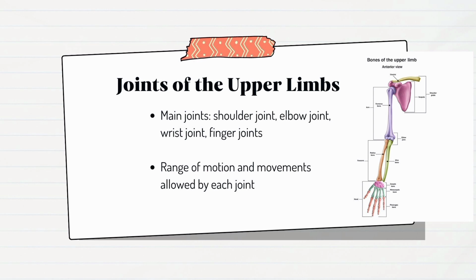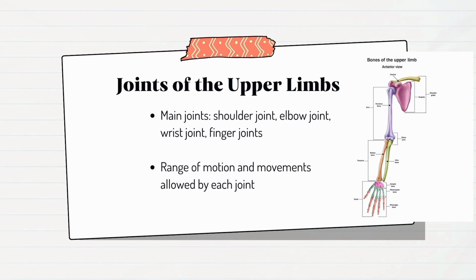The elbow joint, formed by the humerus, radius, and ulna, facilitates flexion and extension. The wrist joint, that's the radiocarpal joint, is distal to the shoulder and elbow joints, and it permits various movements like flexion, extension, adduction, and abduction.